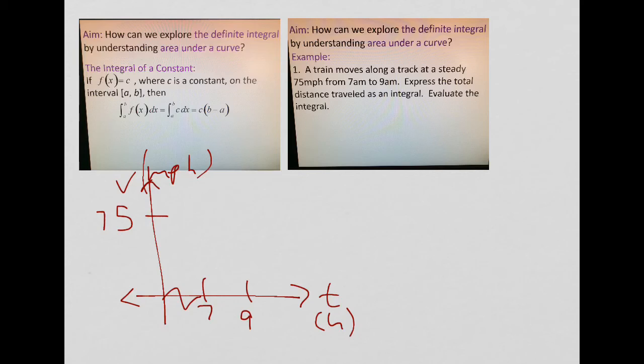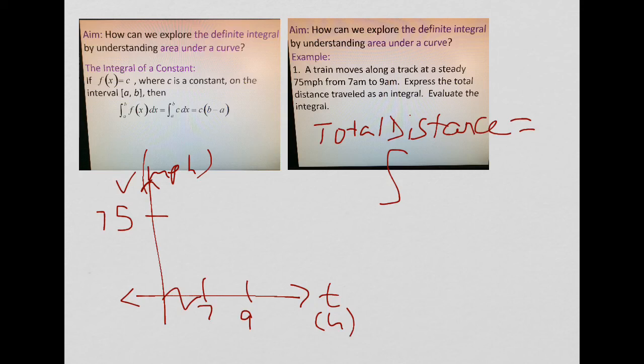Express the total distance traveled as an integral. We went over how the total distance is the integral from a to b of a function with respect to the variable of our function.